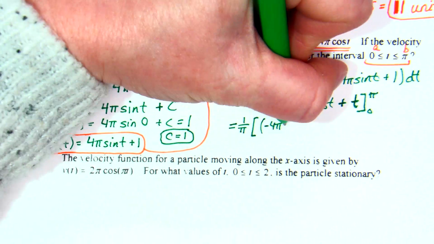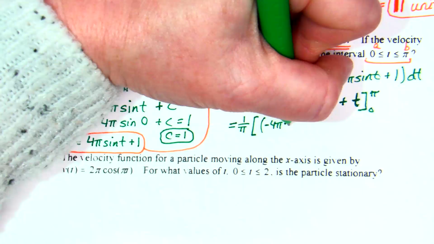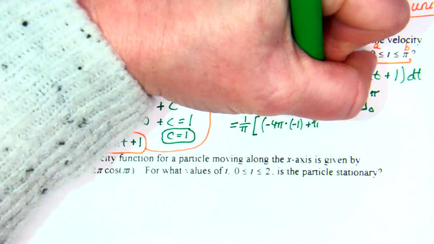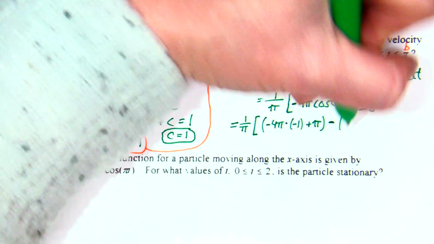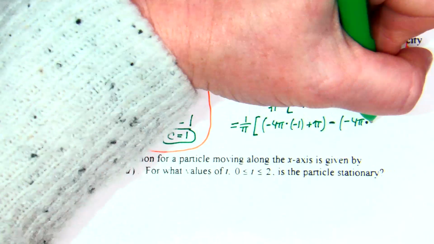So negative 4 pi times, what's cosine of pi? Negative 1. Then plus t, so I'm going to say plus pi. That's plugging in pi, minus, and then start another parentheses, negative 4 pi times cosine of 0. What's cosine at 0? Positive 1. And then plus 0.